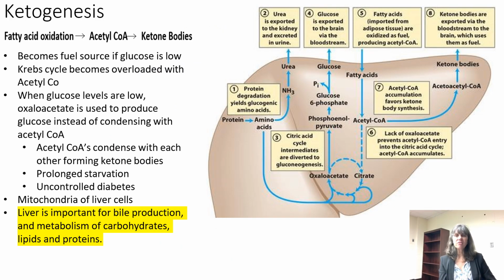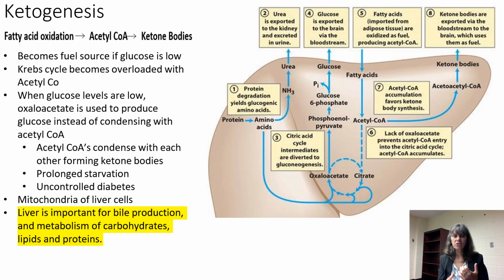Ketogenesis is the creation of molecules known as ketone bodies, which occur when fatty acids from adipose tissue are broken down and oxidized as fuel to produce acetyl coenzyme A. And when glucose levels are low, oxaloacetate is going to be used to produce glucose instead of merging with acetyl coenzyme A. And that leads to an overaccumulation of acetyl coenzyme A, and those molecules will start to be synthesized together, merged together to form what we refer to as ketone bodies.